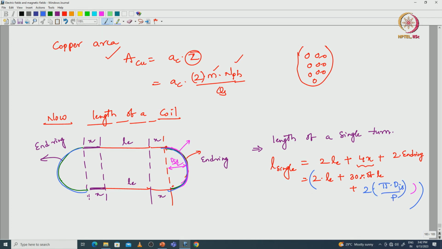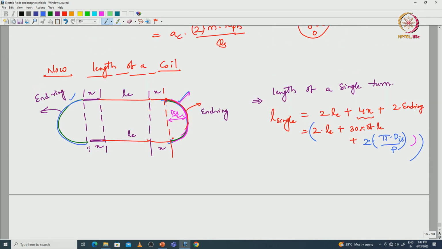This is the pole pitch, or the perimeter of this semicircle is nothing but pi ds by p, into 2 will come because on this side one semicircle and on this side one semicircle or arc is there, that arc length is pi ds by p. So, this is the length of a single coil, sorry, single turn.